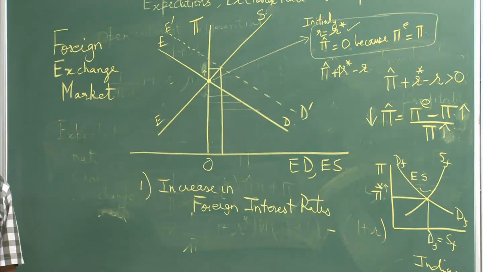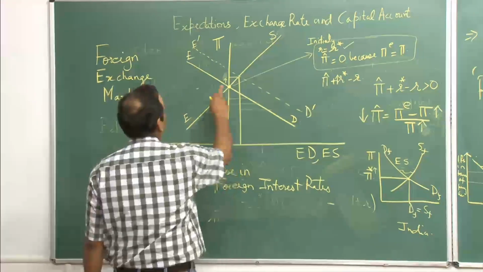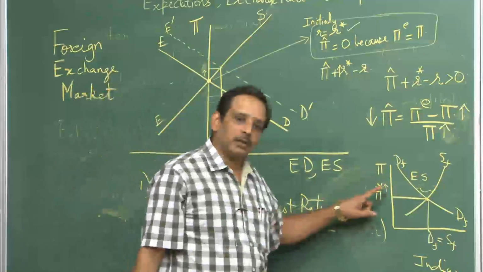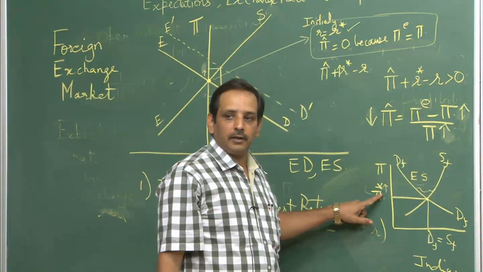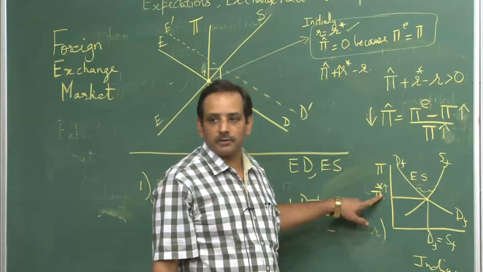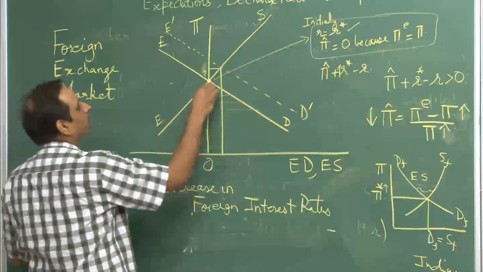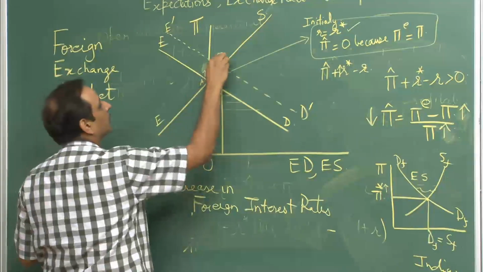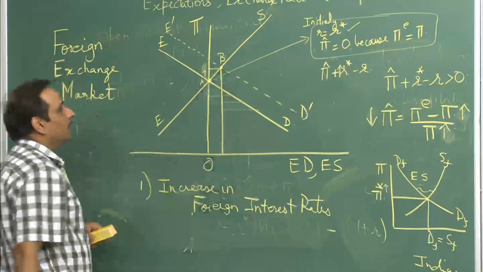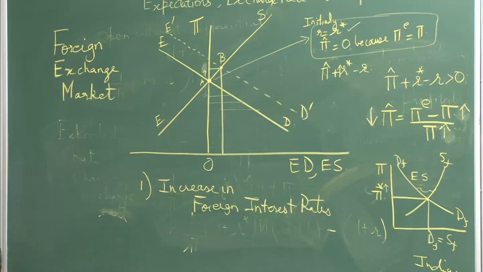There is an excess demand for the foreign currency, and that is matched up by the increase in excess supply, because if the pi goes up and if the Marshall-Lerner condition holds, then that excess demand for foreign currency is met by the other market participants, they supply the necessary foreign exchange. So, you reach another equilibrium which is point B, where the increase in excess demand is matched by an increase.